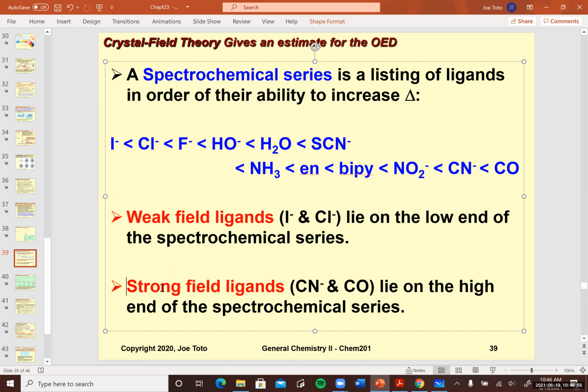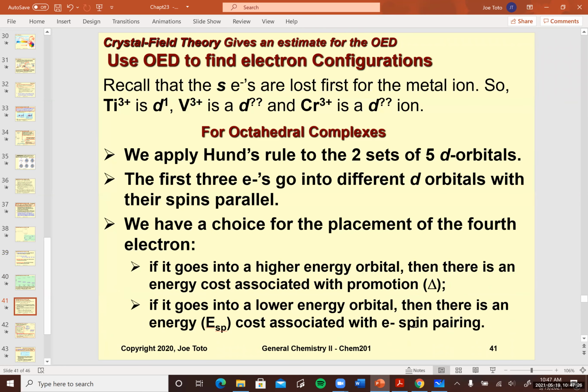Whereas stronger field ligands give larger gaps, and in that case, the system gives up the spin pairing energy because that's smaller, and they tend to be systems that lend towards diamagnetism because there's more pairing in those systems than promoting, which leads to paramagnetism. And that's how you can get a handle on the magnetic properties of these different systems.